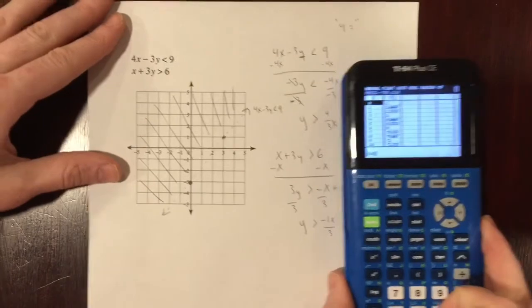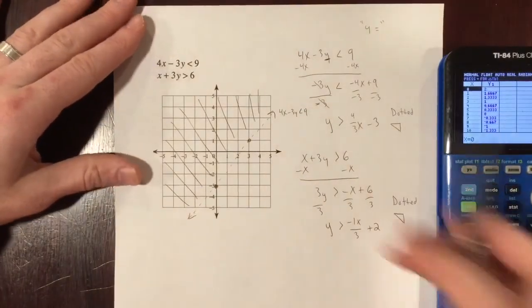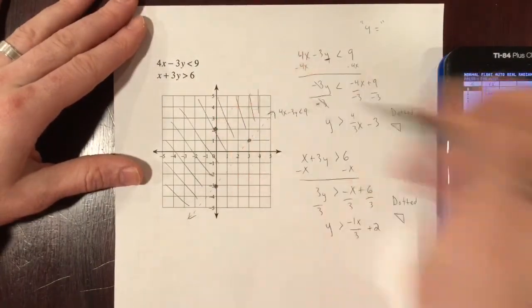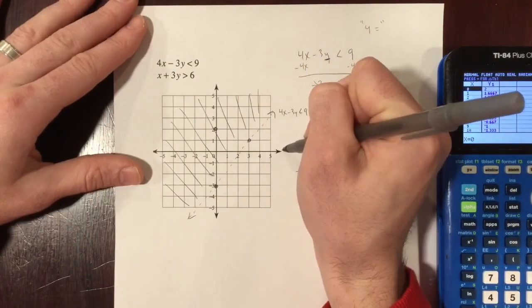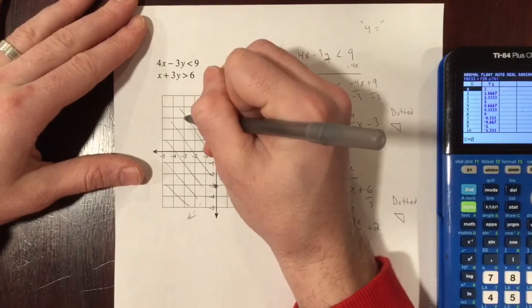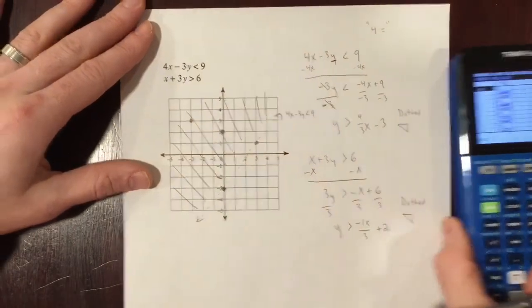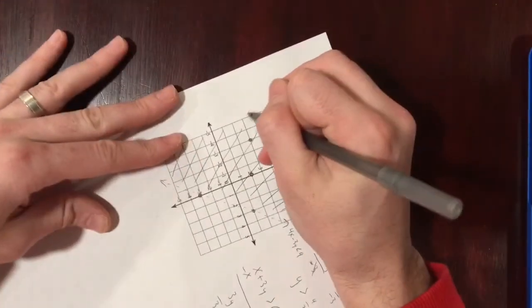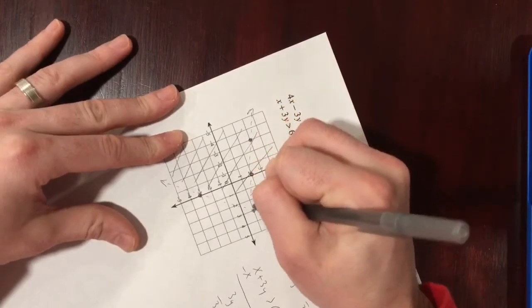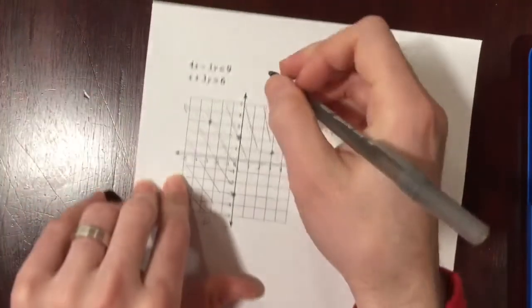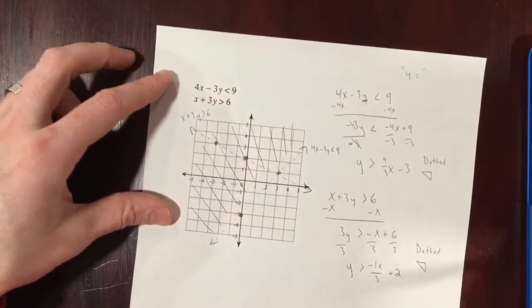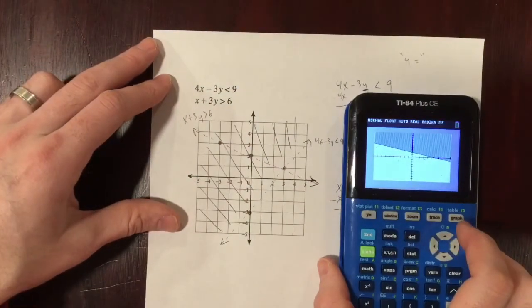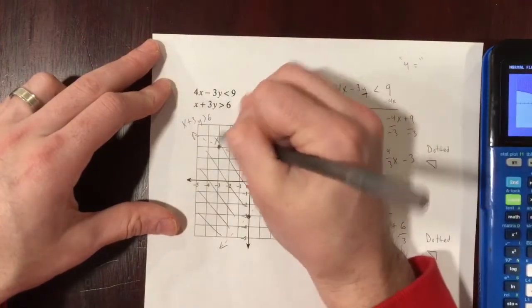Again, I'm going to use the slope and the y-intercept to graph here. So positive 2, down 1 over 1, 2, 3. I can't go down and over anymore, so I go up and over 1, 2, 3. It's going to be dotted again. I label it x plus 3y is greater than 6, and we did say it was going to be shaded upwards.